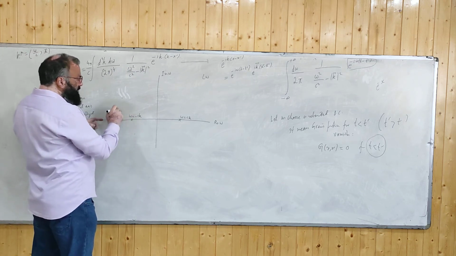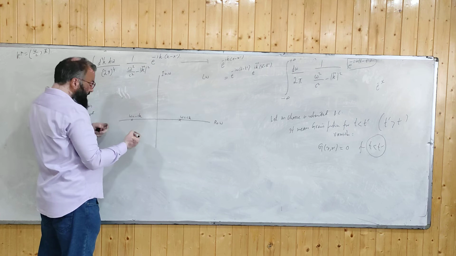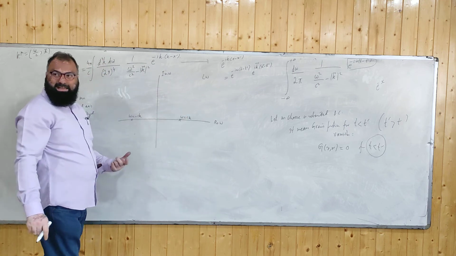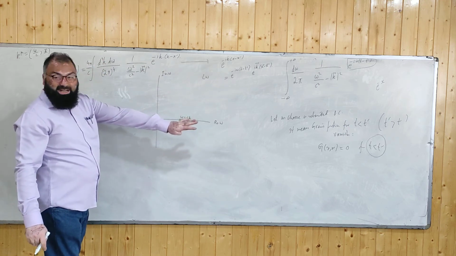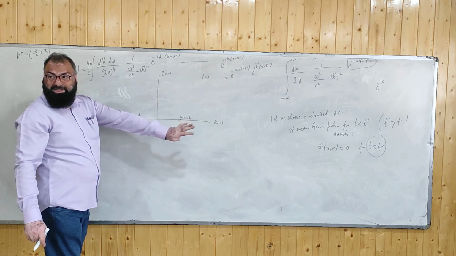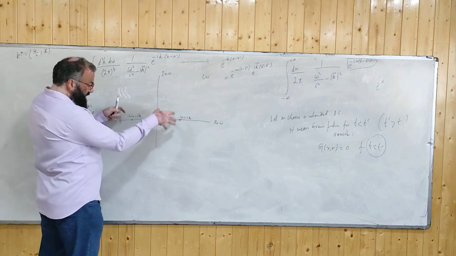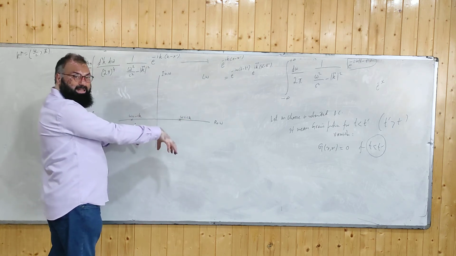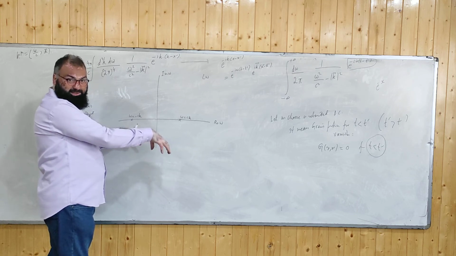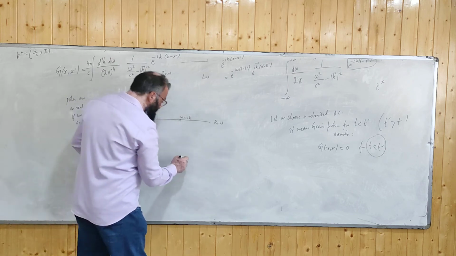Either you choose a contour in the upper half plane or in the lower half plane. Since I have the retarded boundary condition, I will push these poles to the lower half plane.